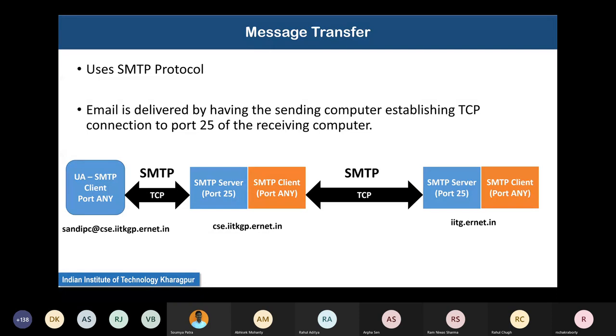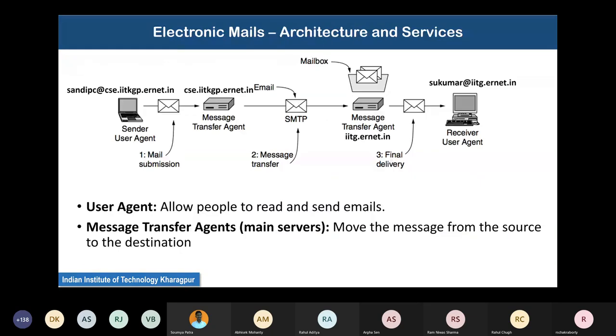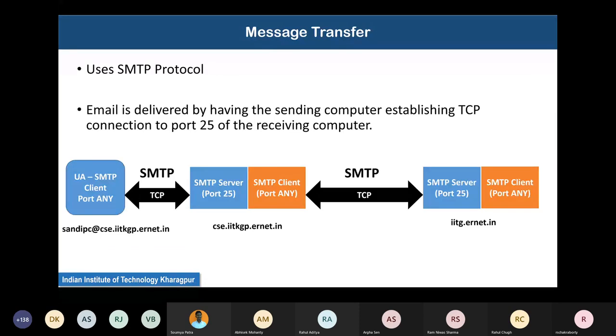of its own mail transfer client or agent. What should you call it? Message transfer agent, sorry, the mail servers. So this server keeps on listening at port 25 for different clients trying to connect to it. It sends an email.